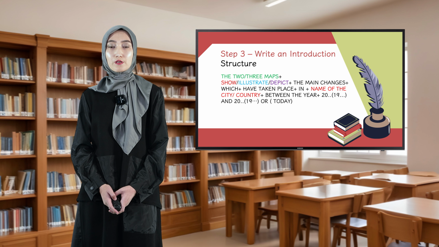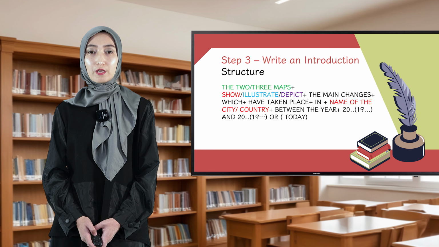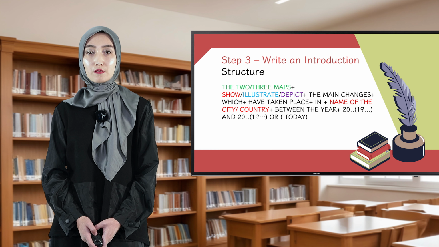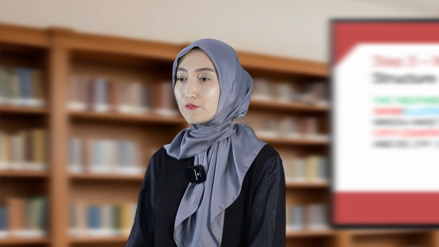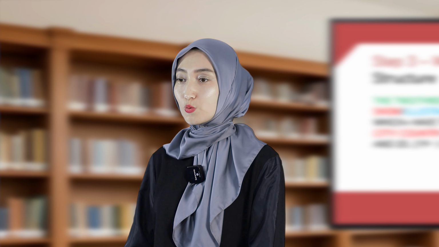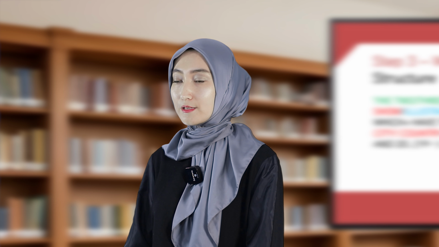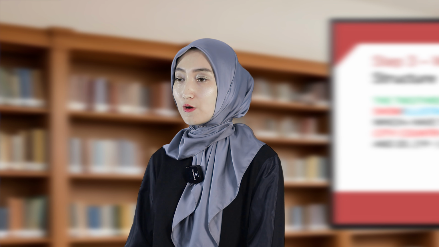First of all, you can use the 2 or 3. If you're given 2 maps, you can use the 2, or if you're given 3 maps, you can use the 3. And after that, you can use the maps, and you can use one of these verbs like show, illustrate, depict, and after that you can continue your introduction by writing the main changes expression, and after that you can use the relative clauses, like you can use which, and after that you can use the main verb according to the tense.